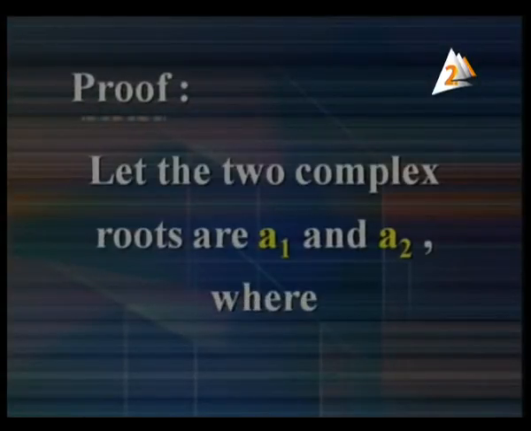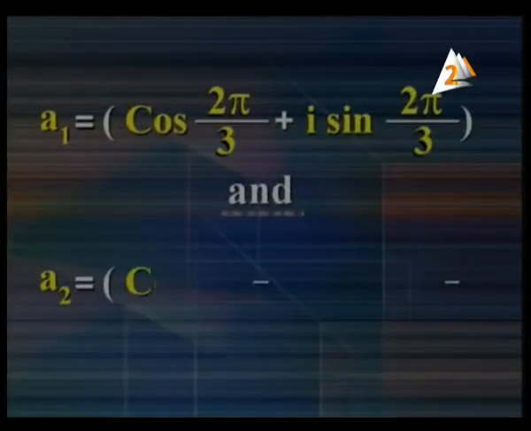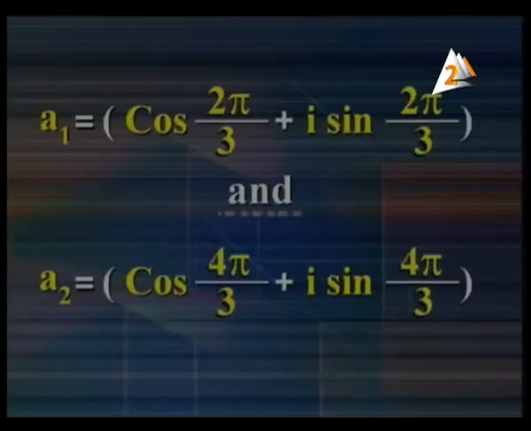Proof: let the 2 complex roots be a1 and a2, where a1 equals cosine 2π over 3 plus i sine 2π over 3, and a2 equals cosine 4π over 3 plus i sine 4π over 3.